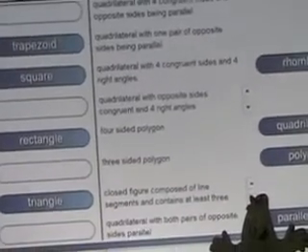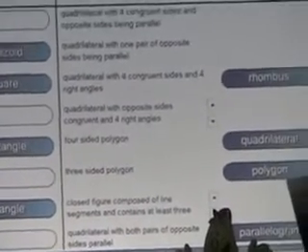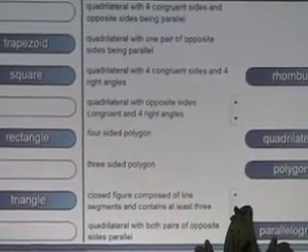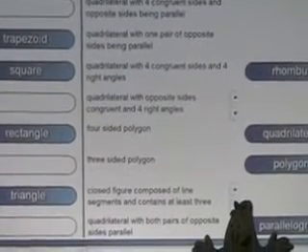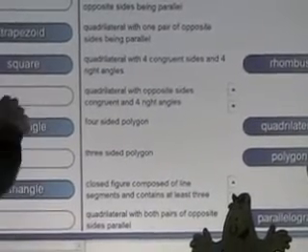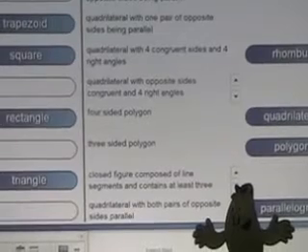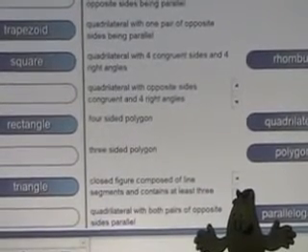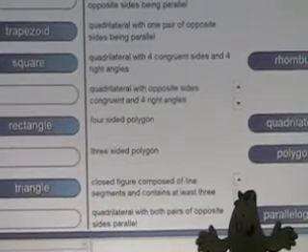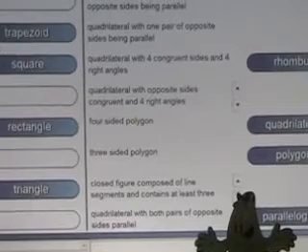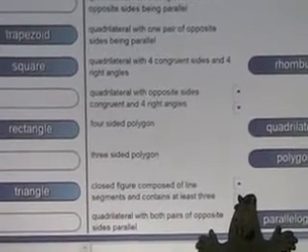Where would you move a rectangle to if you don't think it fits there? Between that one and that one? Okay, so you're thinking that it's this one right here? The one that says opposite sides are congruent and four right angles?